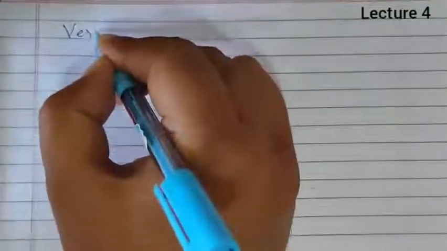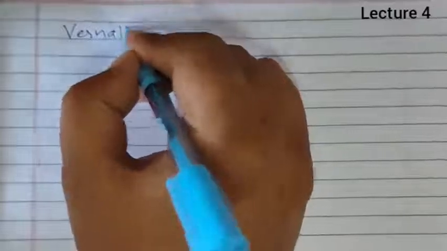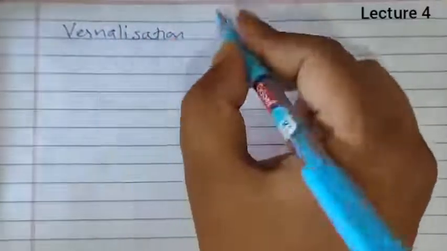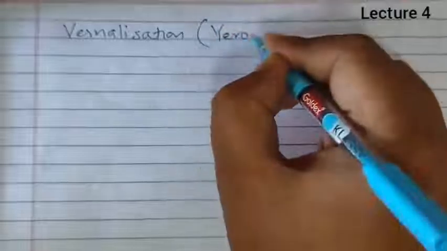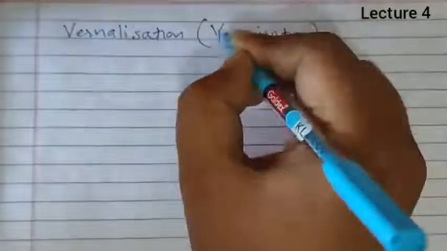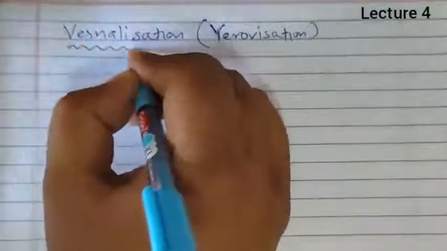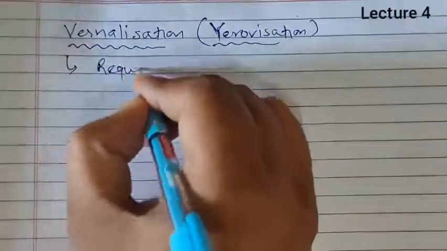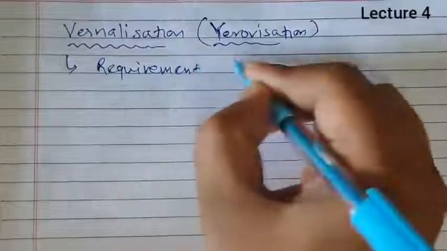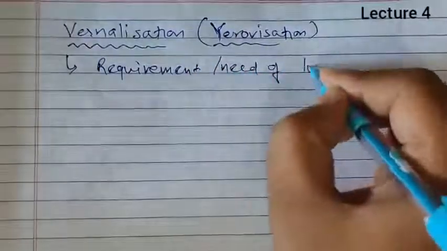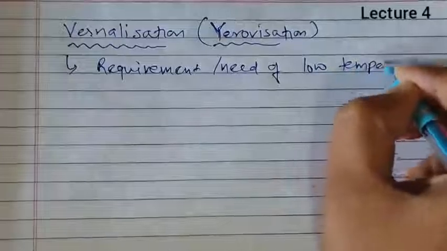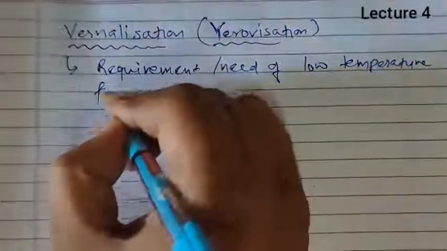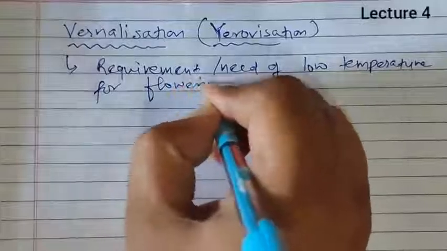So after photoperiodism, the next and last topic in this chapter which we are going to discuss is vernalization. This vernalization is also known as yarovization. Vernalization or yarovization means the requirement or need of low temperature for flowering.